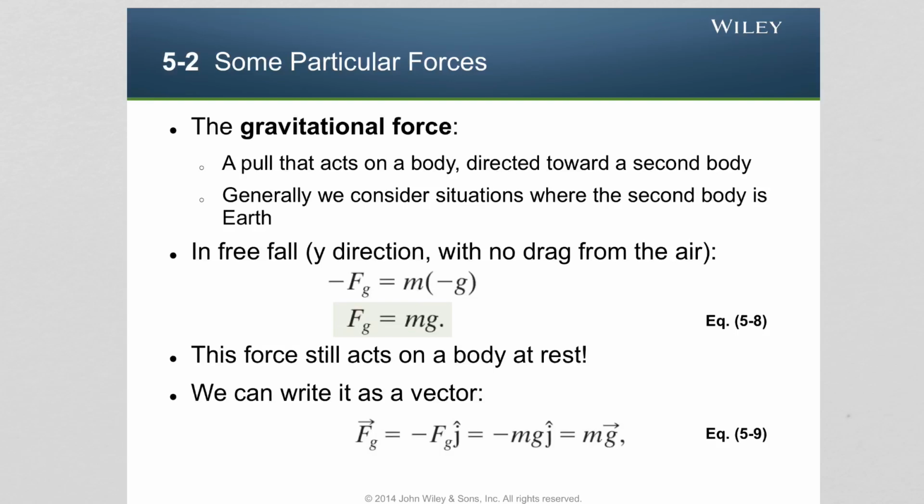So, in a free fall, with no drag from the air, the gravitational force, Fg, comes in with a minus sign, since the positive y orientation we always consider to be vertically up.